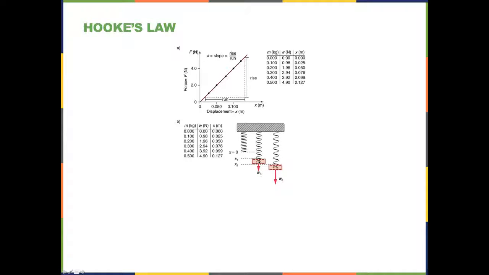So you can do a relationship between x1 and the weight 1. You can graph that, say that this point represents x1 displacement and the weight 1 at this point. And then you add a larger weight and it displaces it more, and maybe this point represents that, etc. And so you can graph this.